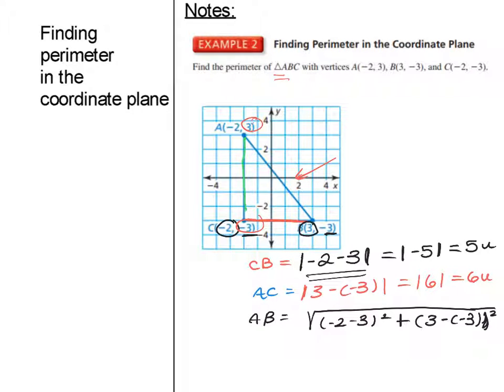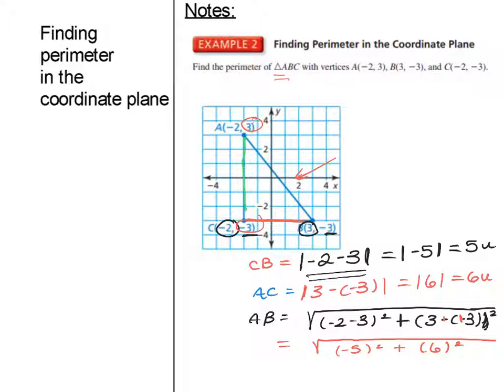Using a couple parentheses here to keep all my signs good. So now it's just a matter of simplification at this step. So -2 minus 3 is -5. So I have -5 squared plus 3 minus -3, add the opposite. So I get plus 6 squared.